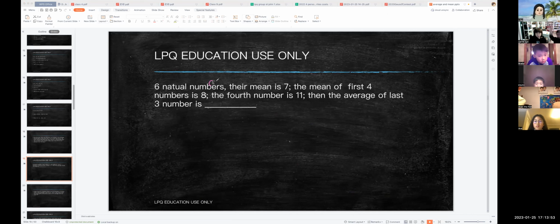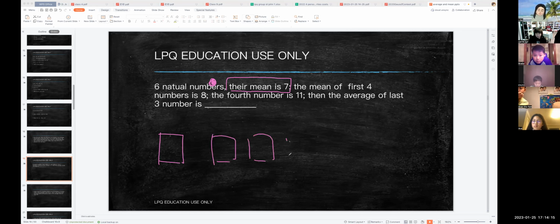Why did someone write a 5 here? It has nothing to do with 5. So there are 6 natural numbers. What are natural numbers? They're whole numbers, okay? Brandy, Lilac, understand? No decimals, no fractions, whole numbers, okay? Their mean is 7. Stop drawing, there are 6 numbers in total: 1, 2, 3, 4, 5, 6.